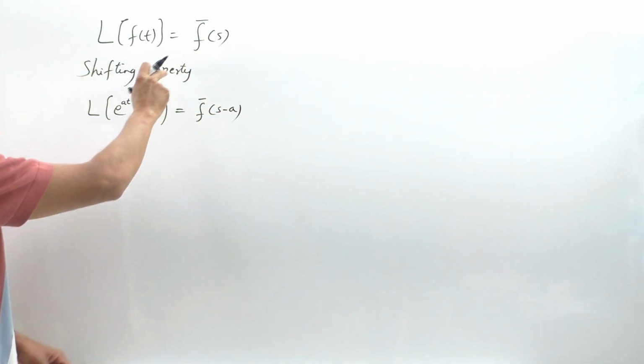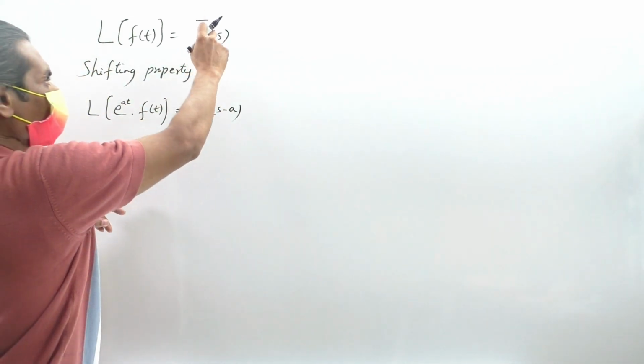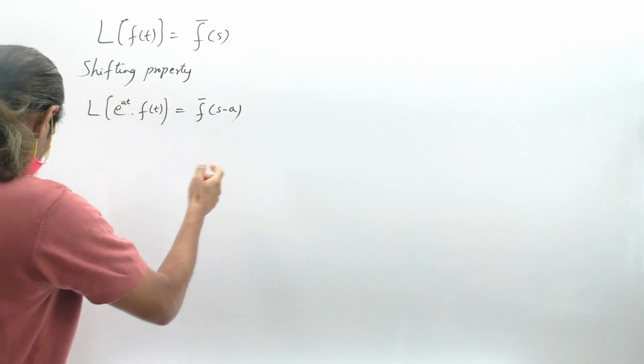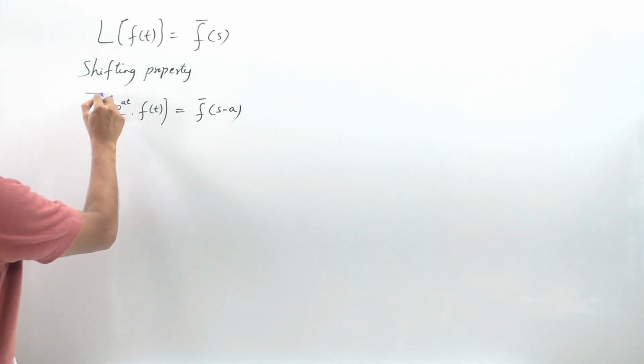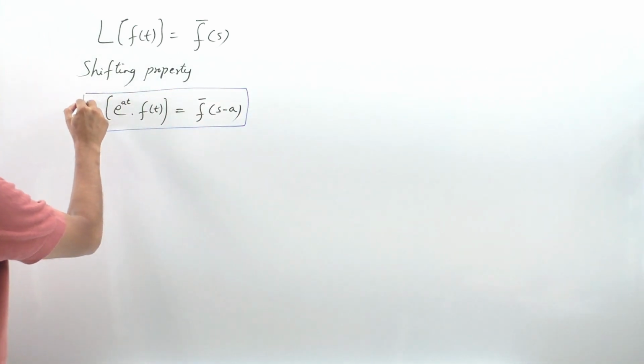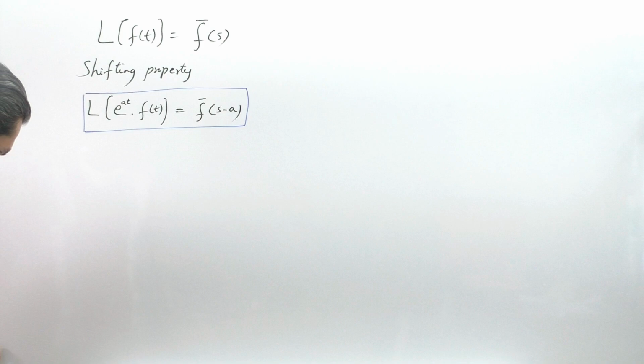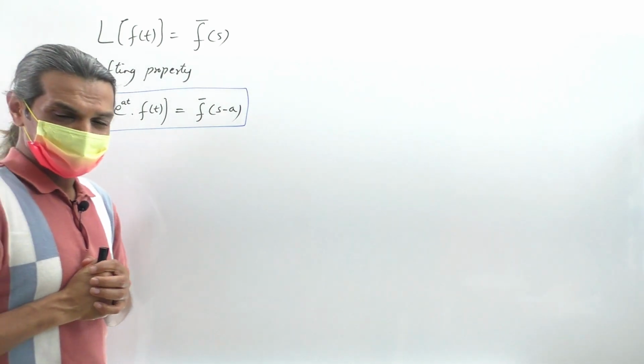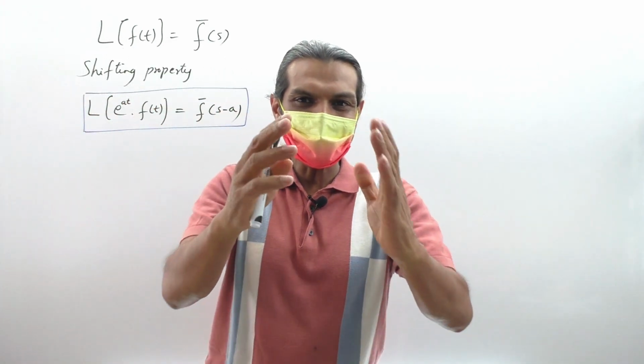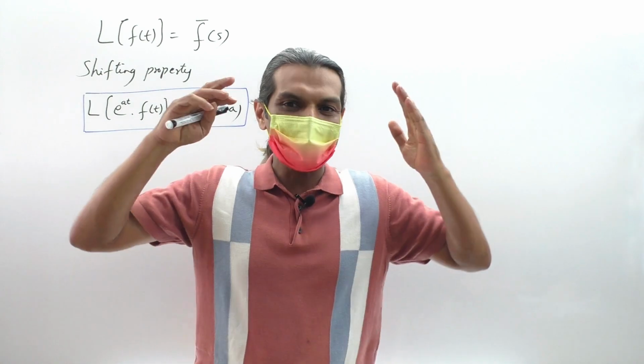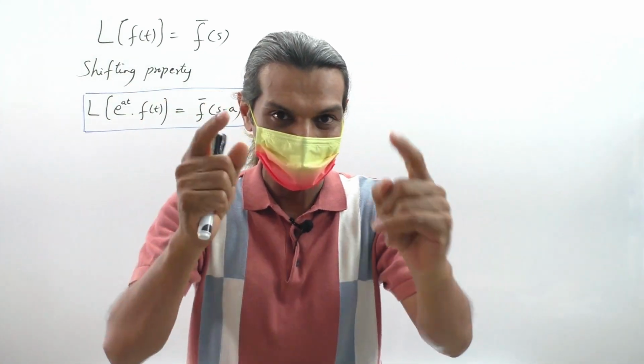When I multiply e raised to at into f of t, f bar of s becomes f bar of s minus a. This property is called the shifting property in Laplace transform. Understood?